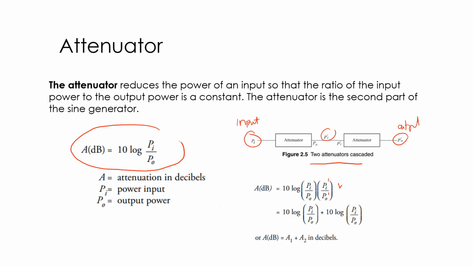So we can use this mathematical solution to solve this equation. We get that the total attenuation A in dB is A1 plus A2 in decibels.